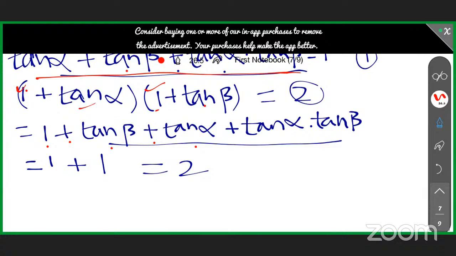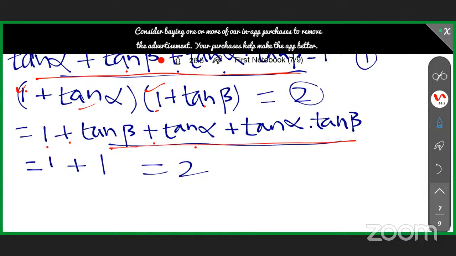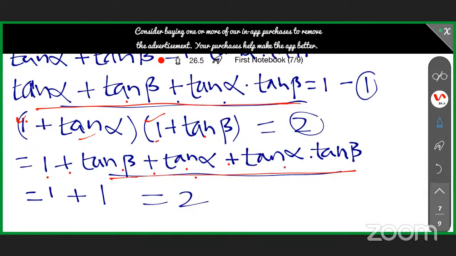See here, I've written 1 as it is, but I got the value for the entire thing: tan alpha plus tan beta plus tan alpha into tan beta. What is the value? 1. I'm substituting 1 for this entire thing. That gives me 1 plus 1 is equal to 2. Do you understand?